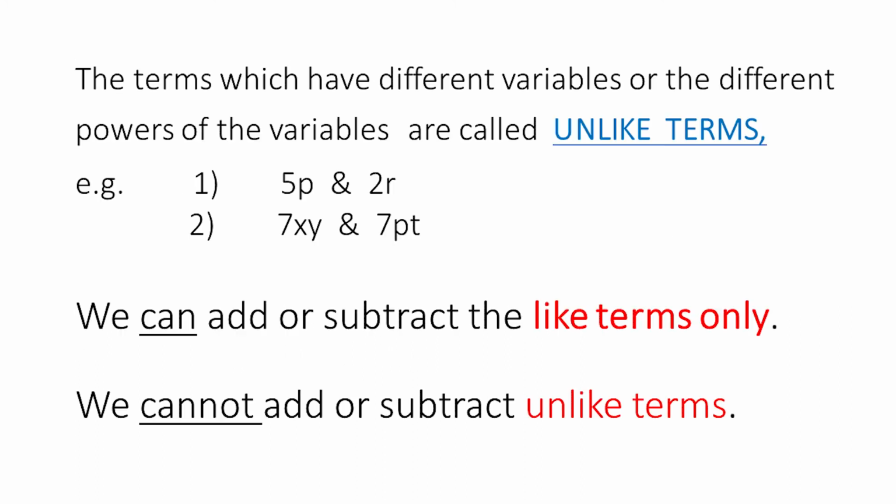The terms which have different variables or different powers of their variables are called unlike terms. Example: 5p and 2r. In this case, one has variable p and another has variable r. So they are unlike terms. Then second example, 7xy and 7pt.